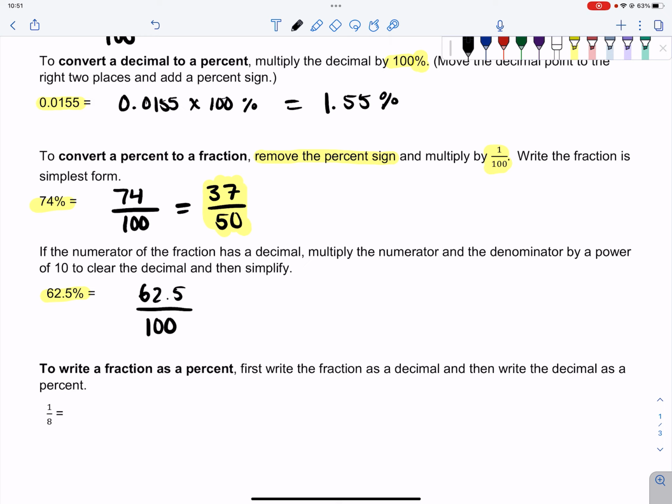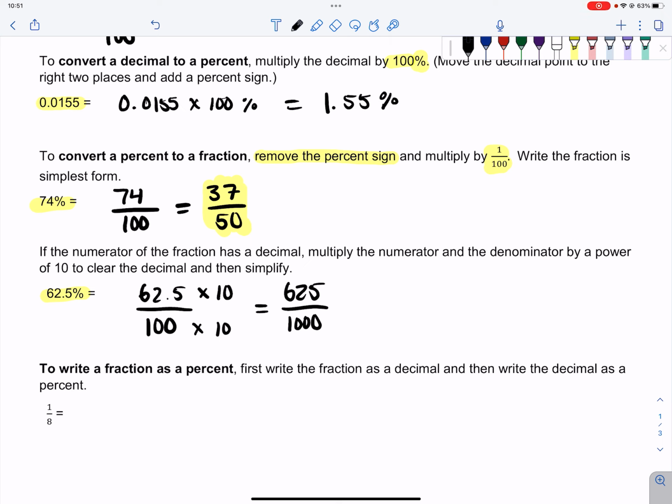To clear that, all we have to do is multiply both the top and bottom by 10 until we no longer have decimals. Then that makes this 625 over 1,000. It's the same ratio, but now we can work to reduce this fraction.